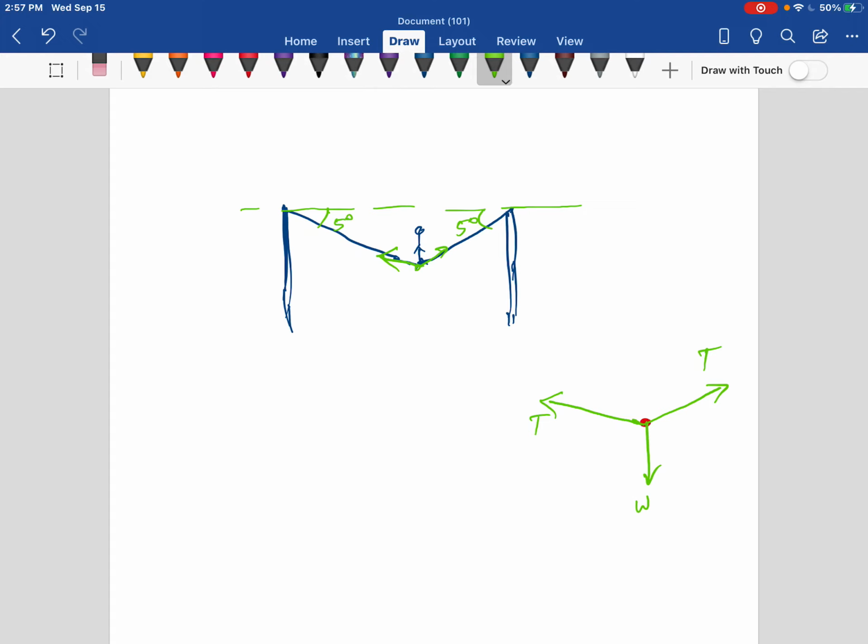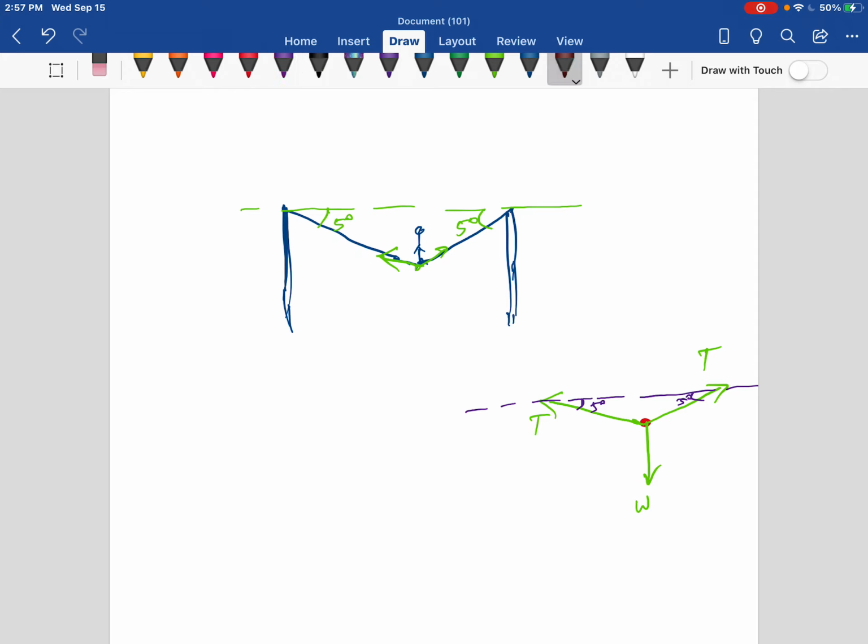These are the three forces over here. You want to be able to find the tension force. The angle is given to be 5 degrees. So let's use this to draw this over here, and this is 5 degrees, 5 degrees.